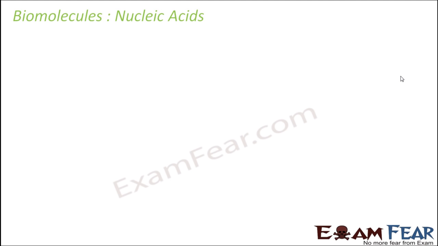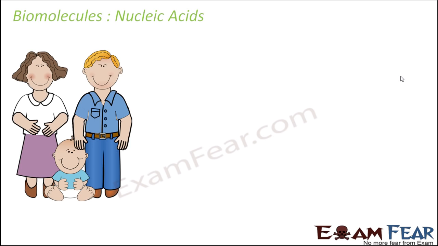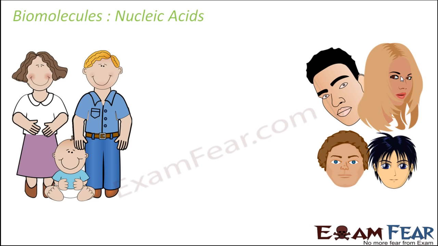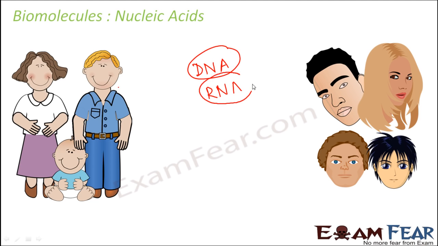Nucleic acid is a group of biomolecules under which we have two important nucleic acids, DNA and RNA, deoxyribonucleic acid and ribonucleic acid. These two nucleic acids play a very important role in the process of inheritance. So we will talk about DNA and RNA, the two important nucleic acids.